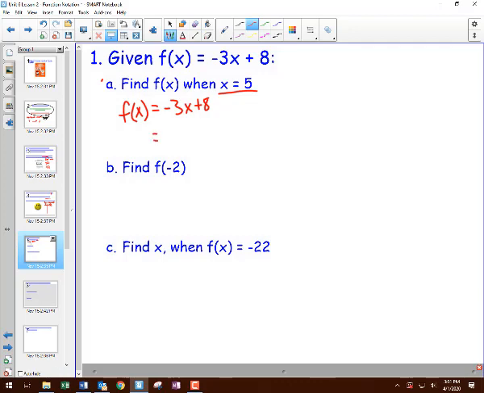Let's try this using a little substitution. Every time we use substitution, we use these parentheses. Keeps things nice and neat. Then we just simplify. Negative 3 times 5 is negative 15. Negative 15 plus 8 equals negative 7. So f of 5 equals negative 7. We're just using substitution, and then we are simplifying.